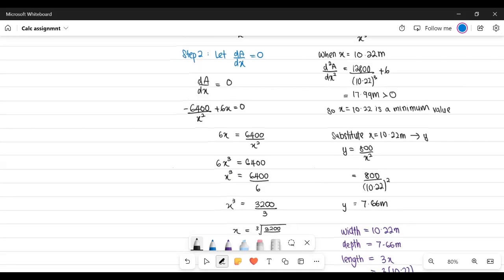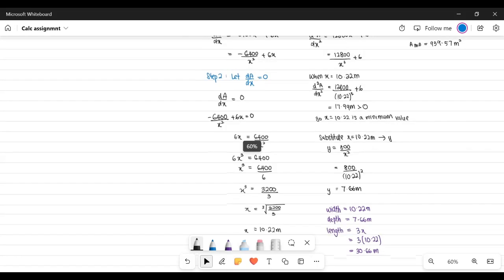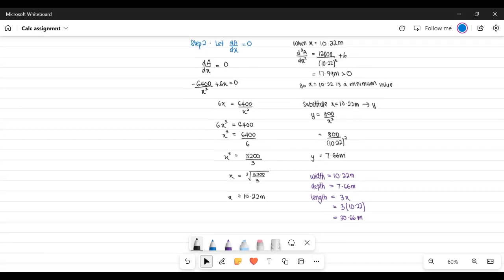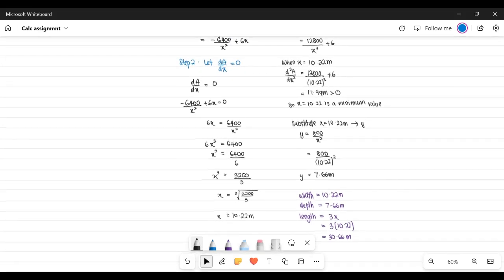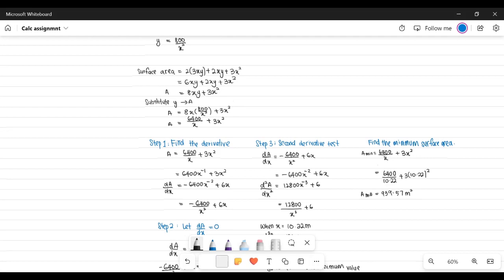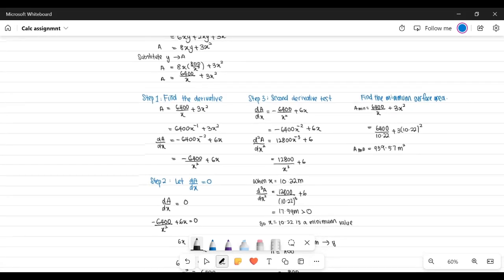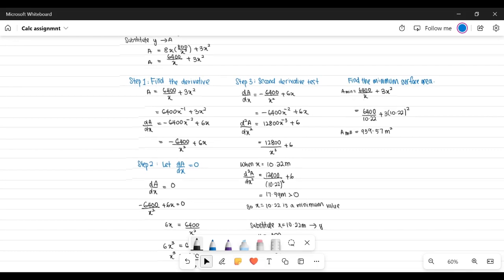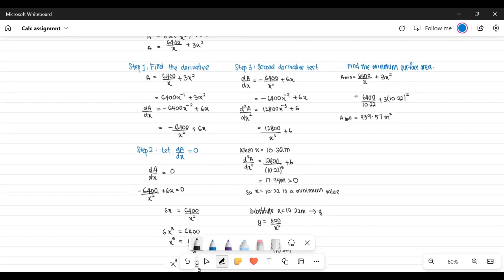And you will get the x value, which is 10.22 meters. After we get the x value, for step 3 we find the second derivative and test it.